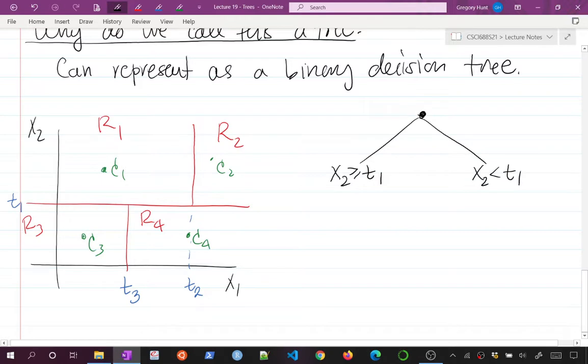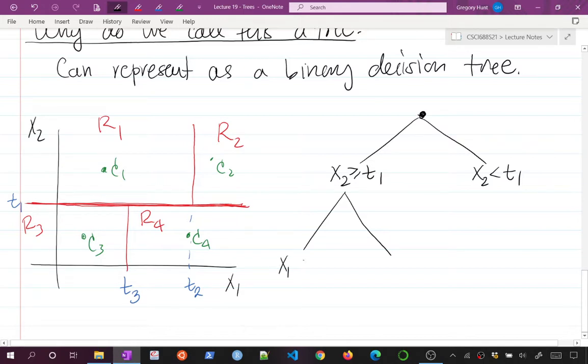If I go above it, so x2 is bigger than T1, I have two decisions. I look at x1 and I'm either in rectangle 1 or rectangle 2. Either x1 is bigger than T2, in which case you're in R2, or less than T2, in which case you're in R1.